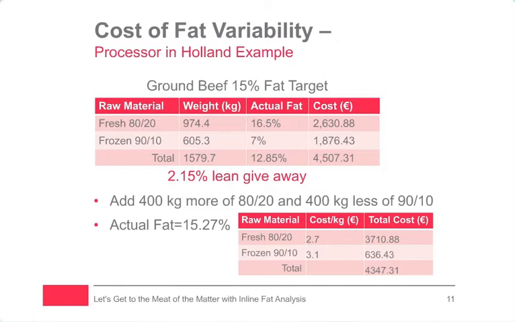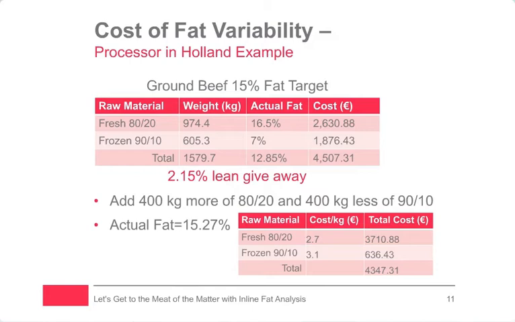When you consider the actual cost of these two raw materials, we could work out that by adding 400 kilograms more of the fattier, lower cost material and using 400 kilos less of the leaner, more expensive material, we were far more able to achieve the fat target of the recipe and do so at a significantly lower cost.